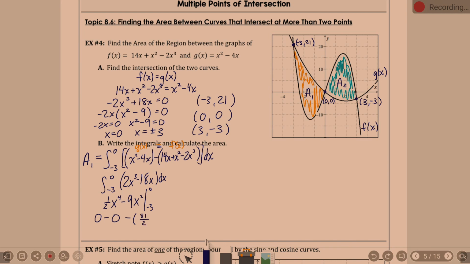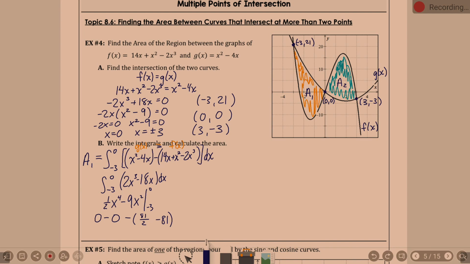And then -3 squared is 9 times -9, so minus 81. Well, eventually it'll become plus 81 here in a moment.